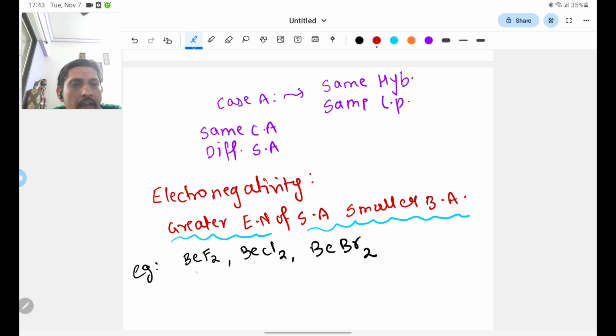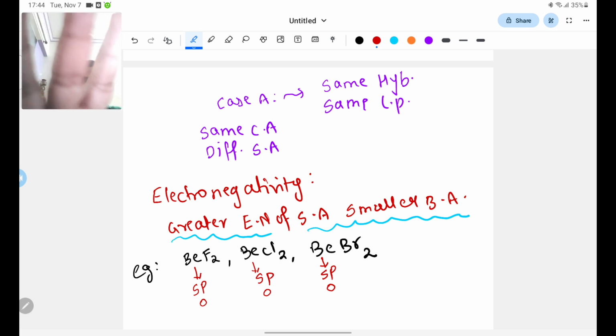If you see the hybridization in BeF2, BeCl2 and BeBr2, they all are sp hybridized, and they all have no lone pair electrons, zero lone pairs.